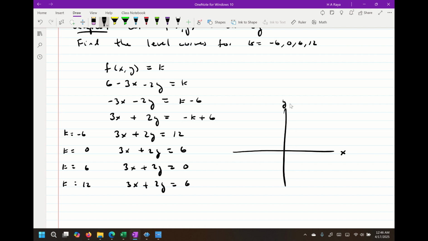So I can graph all 4 of these lines on the xy plane, starting with 3x plus 2y is equal to 12. Here I'll use a little bit of a trick to give me some insight on what the x and y intercepts are. I can block out the x here, and I know that my y-intercept is the solution to 2y is equal to 12, so 6.